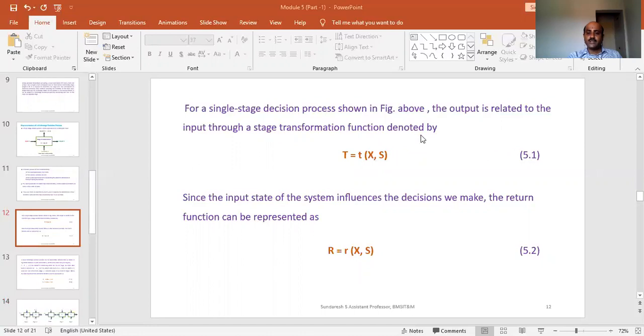Equation 5.1 represents the single stage decision process where the output is related to the input through the stage transformation function.